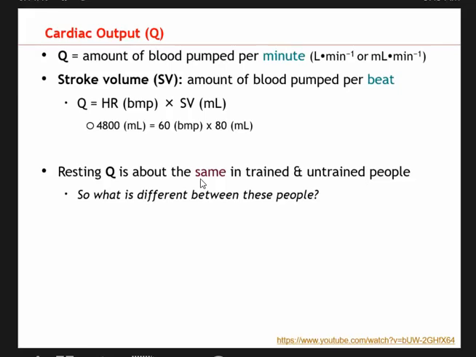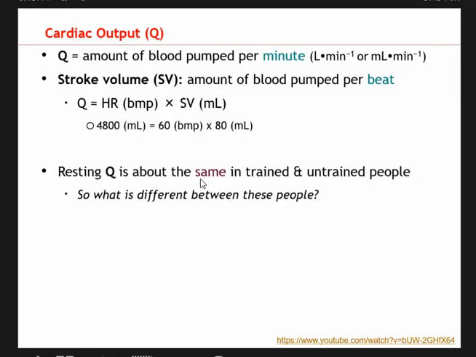So like we said, bradycardia, less than 60 beats per minute, would be very common in a trained person, whereas they would have a higher stroke volume. Higher stroke volume at rest may be closer to the 70 to 80 milliliters of blood. This again is due to being able to pump more blood to the muscle.